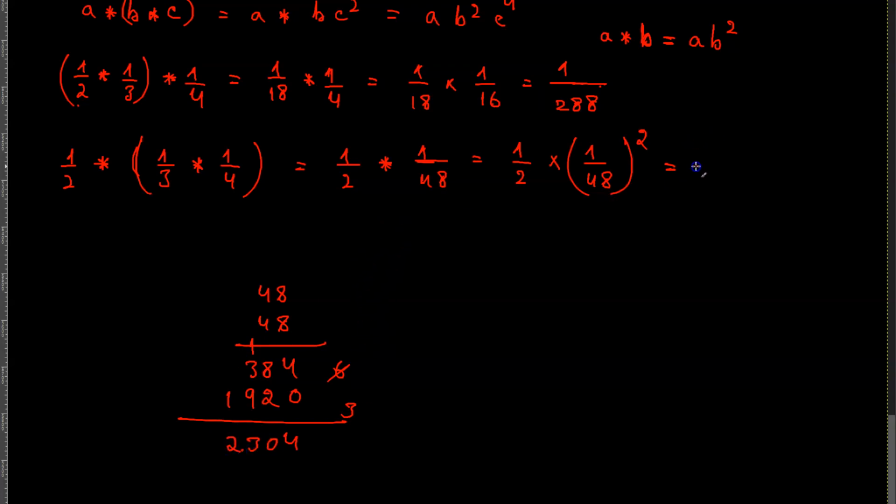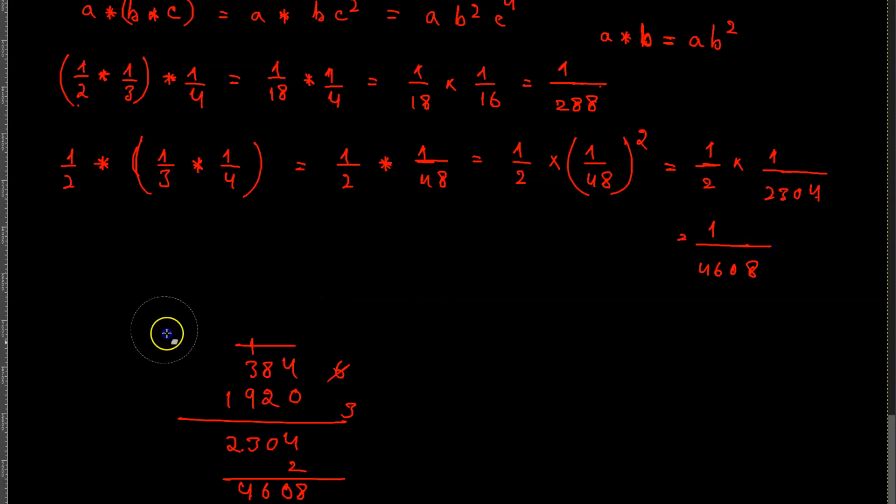So that is basically 1/2 times 1/2304, and 2 times 2304 is the same thing as 4608. So 1/4608.